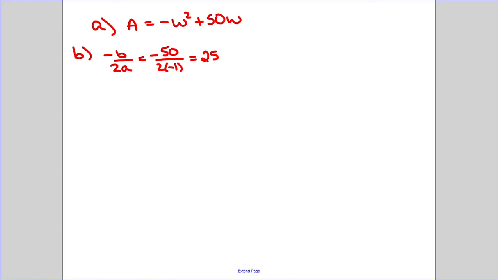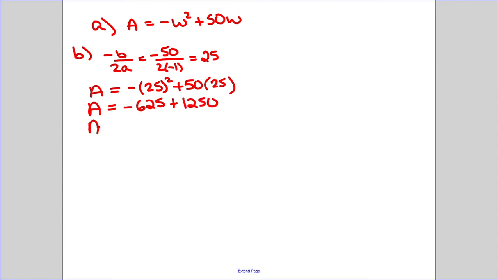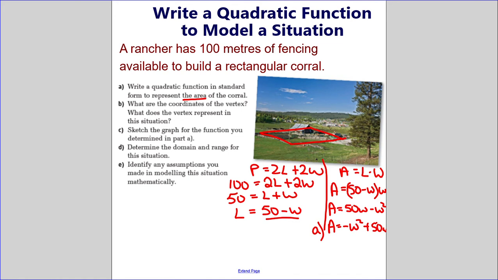So that gives me an x value for this, or a w value in this case. After that, if I plug that back into my equation for the area and plug in 25, then the area is going to be negative 625 plus 1250, which tells me that the area of this thing is 625 square meters, right? 100 meters of fencing.